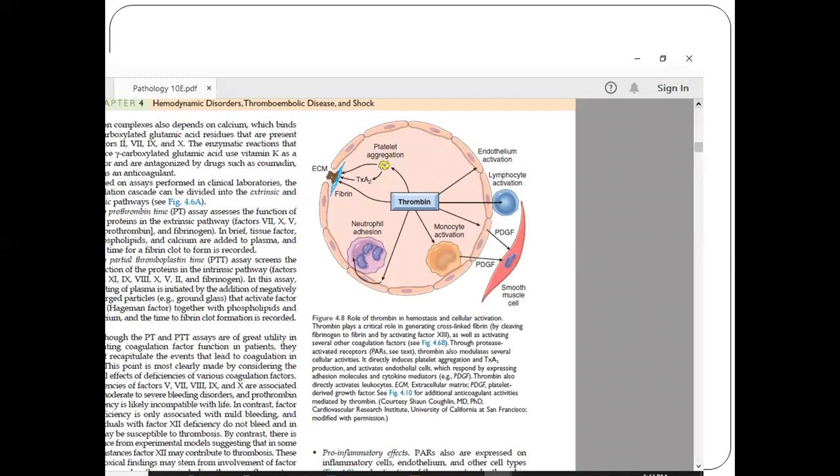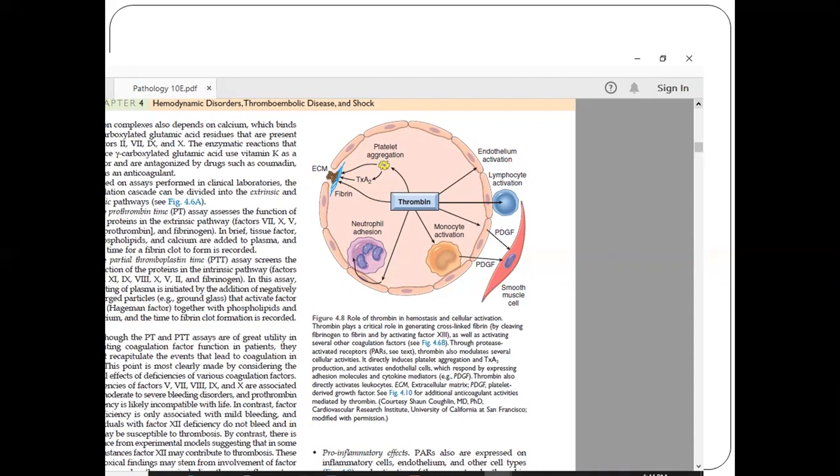You can see here the role of thrombin in hemostasis and cellular activation. Thrombin plays a critical role in generating cross-linked fibrin by cleaving fibrinogen into fibrin and activating factor 13, as well as activating several other coagulation factors. You can see here fibrin. Through protease activated receptors, PARs, thrombin also modulates several cellular activities.